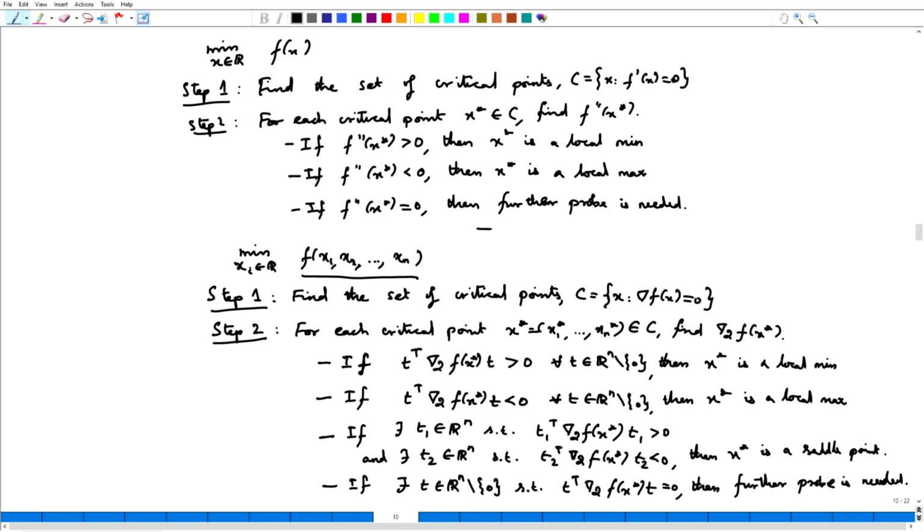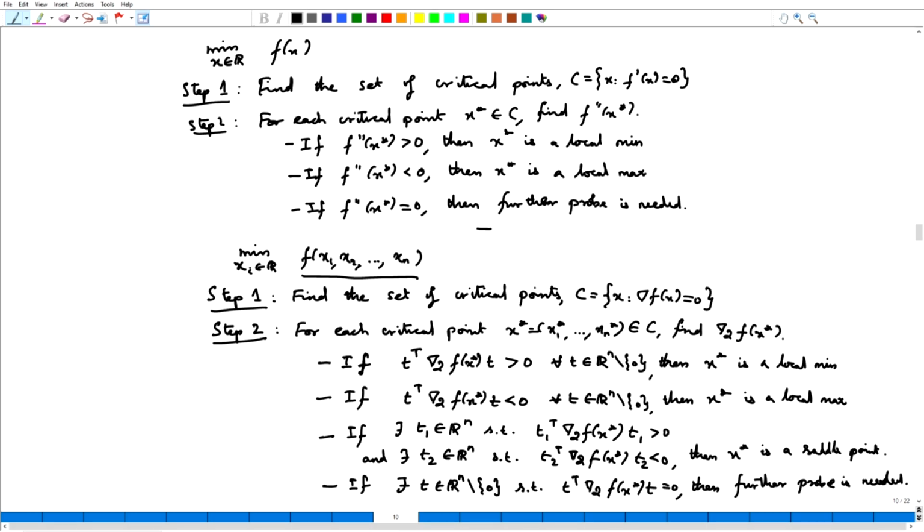Okay. So, when we are trying to find the minimum of this particular function, you first start by finding the set of critical points. So, that is those x for which the gradient of f is equal to 0, and for each critical point x star, which is x1 star, x2 star, ..., xn star, in the set of critical points we find the Hessian del 2 f of x star.